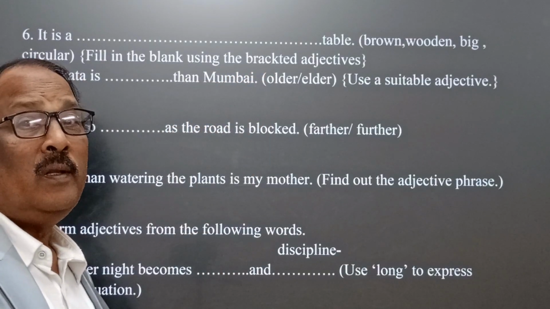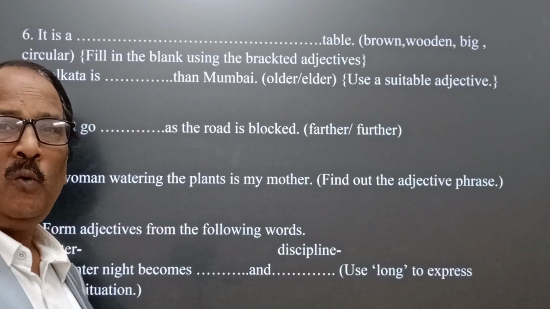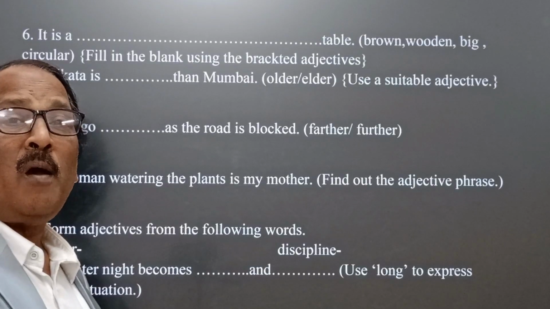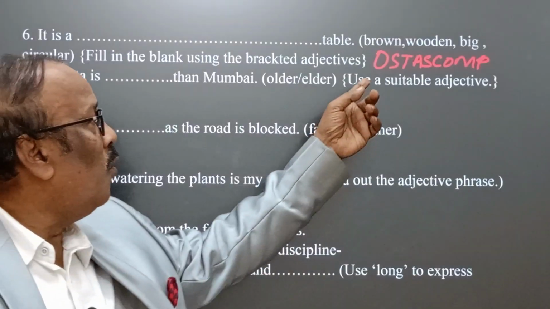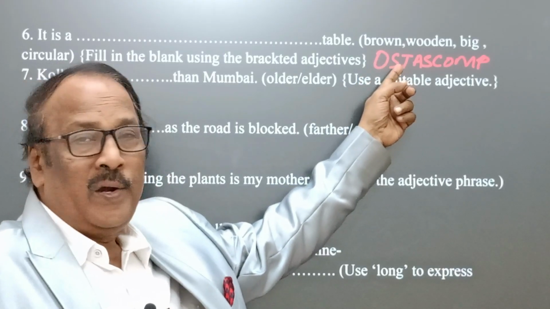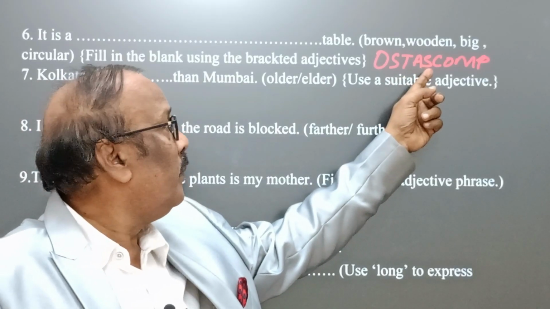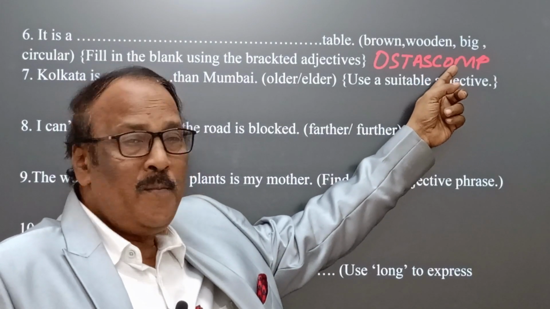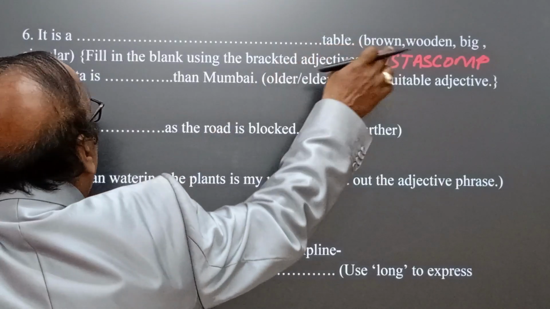As we know, whenever we want to use multiple adjectives before a particular noun in a noun phrase, we have to write the adjectives in the order of O for opinion or quality, S for size, T for temperature, A for age, S for shape, C for color, O for origin, M for material and P for purpose. Here we have 4 adjectives.